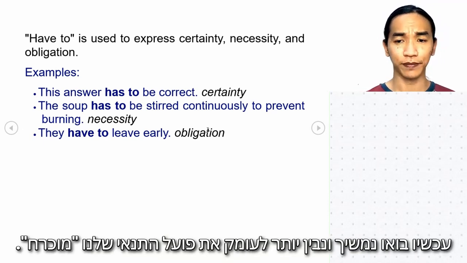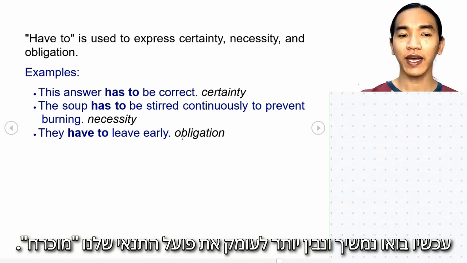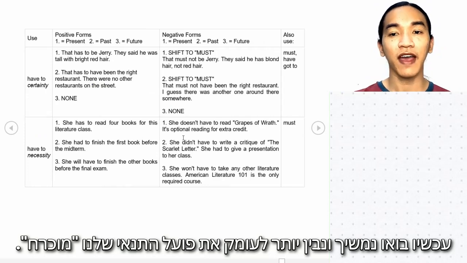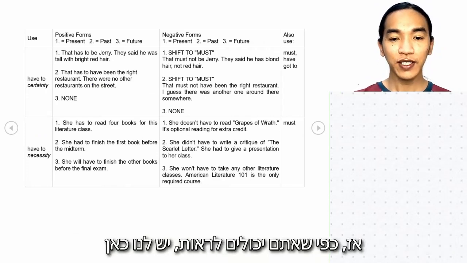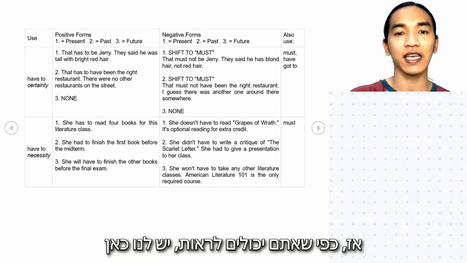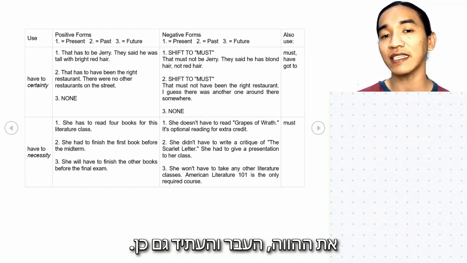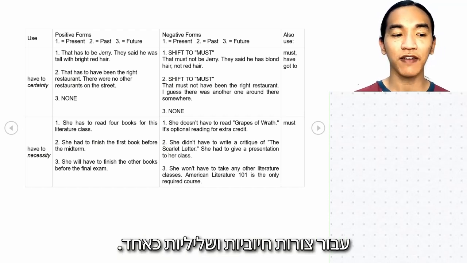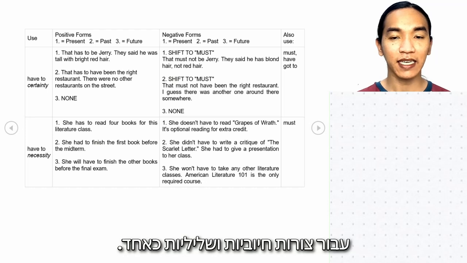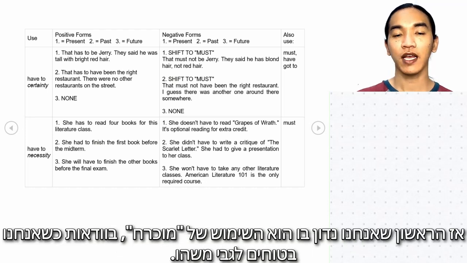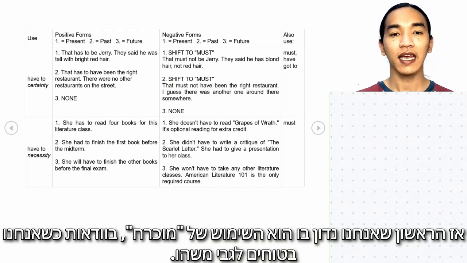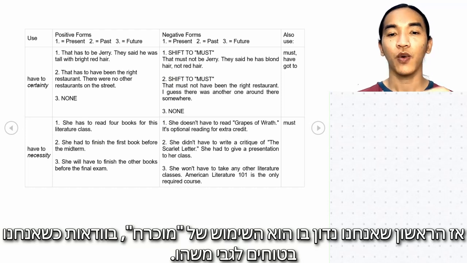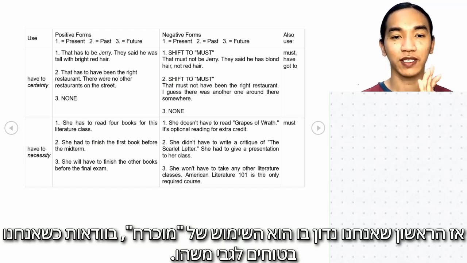Now, let's go ahead and understand more of our modal verb have to here. As you can see, we have here the present, past, and future as well, for both positive and negative forms. So, the first one that we are discussing is using have to for certainty, when we are sure about something.